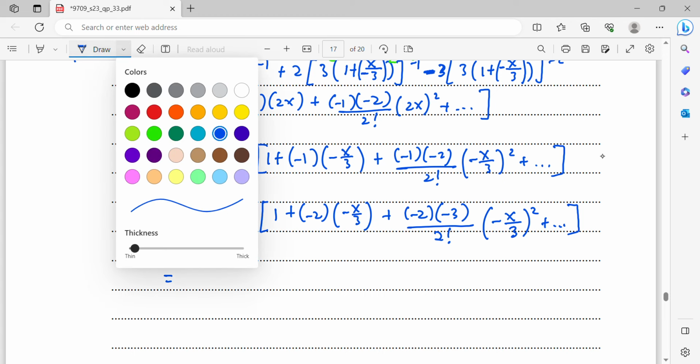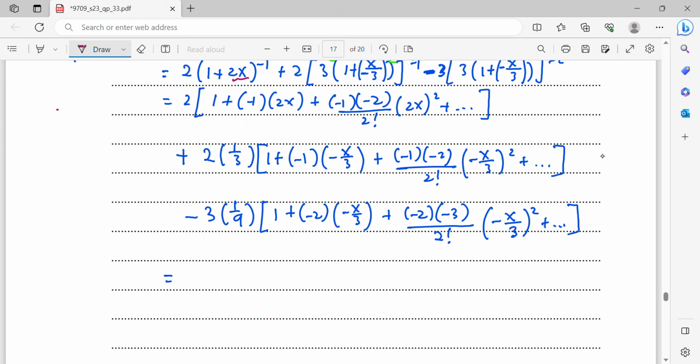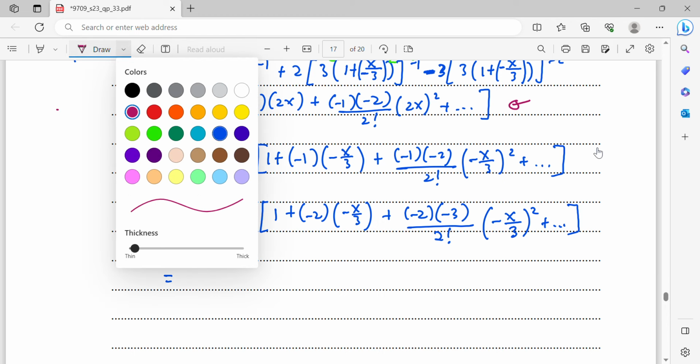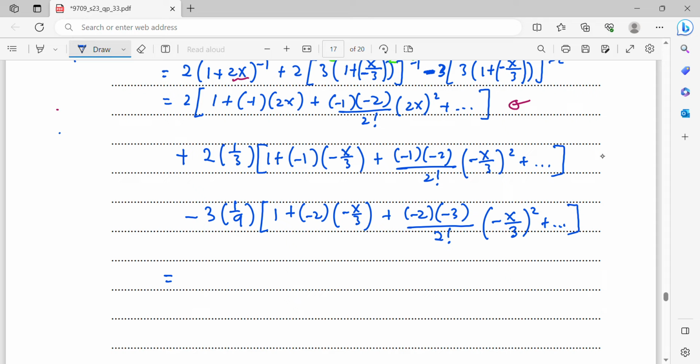So when I simplify the terms here, I will just simplify the terms inside the bracket first before I multiply with 2. So I will write 2 bracket minus 1 times 2x will be minus 2x. So 1 minus 2x. Then this whole term, when you use calculator, it will be plus 4x squared.